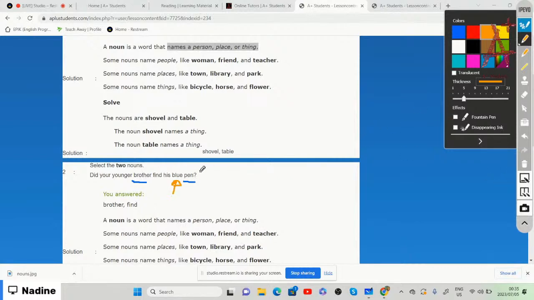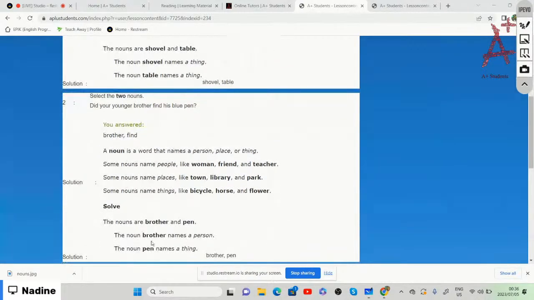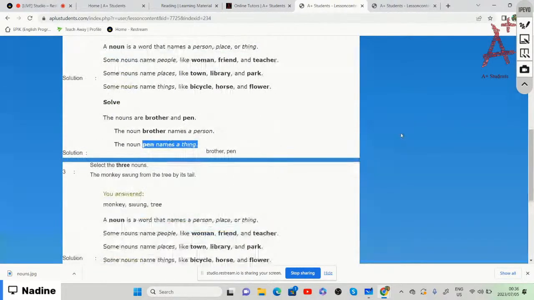But brother and pen are the two nouns within the sentence. Brother names a person, and pen names a thing.